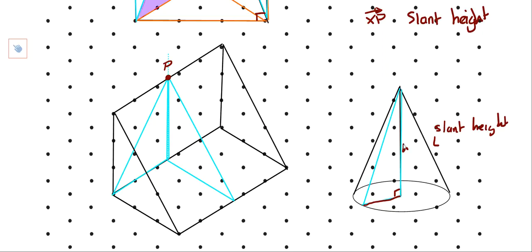This one would be the height, and there is a formula for the curved surface area of a cone, and it includes L and H, so you need to know the difference between L and H. But what we're really looking for at the moment is where the right angled triangles are, to then do Pythagoras' theorem.